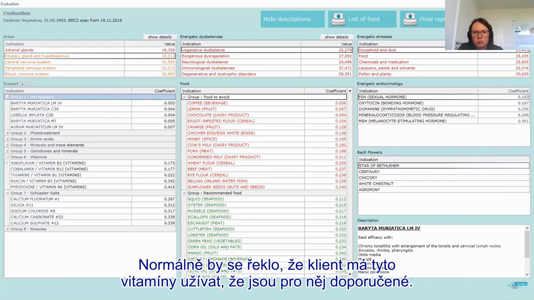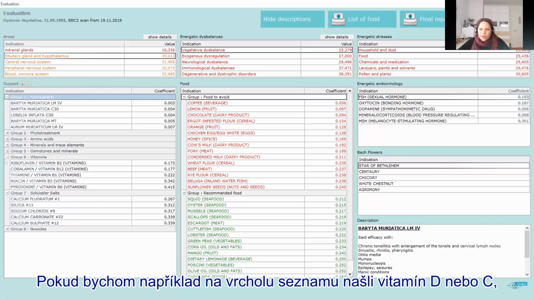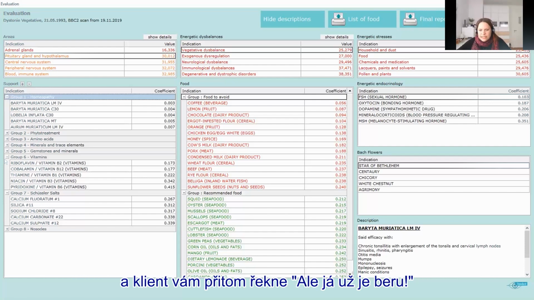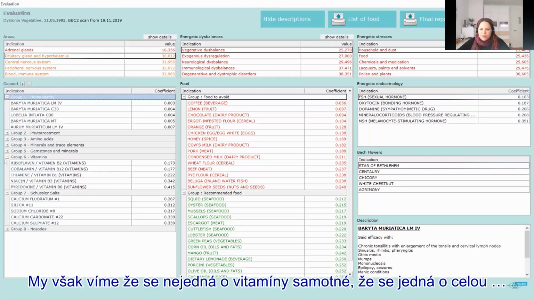This is recommended to the patient, but the same as in the upper categories, always in the energetic way of thinking. So when you, for example, have vitamin D or C listed on the top, and the patient tells you, but I'm already taking it, so normally I should have a good state of this vitamin, why is it still listed, even if I take it.